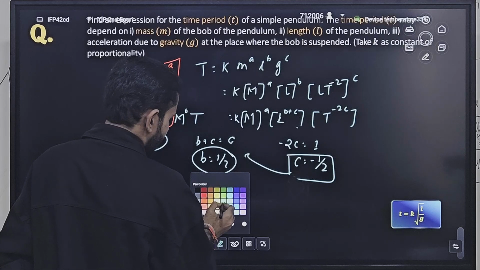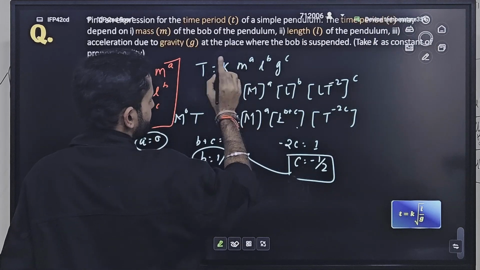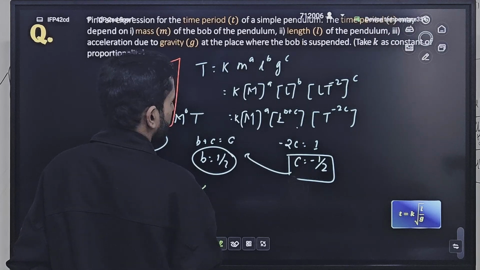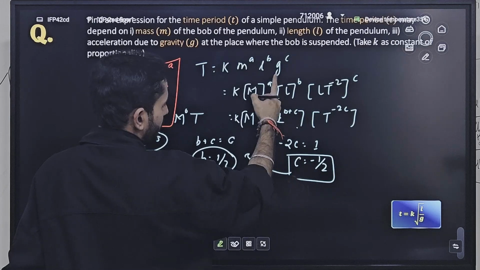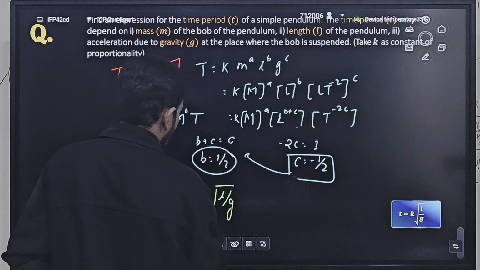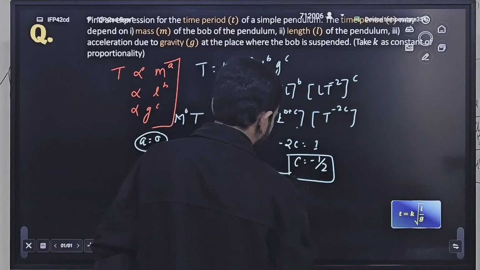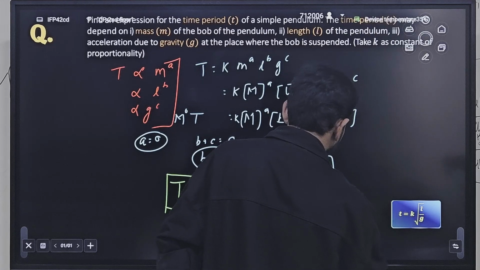Now if it is this case, what can you write about the final result? a is equal to 0, that means this term will also be equal to 1, and that means time period can be written as some constant k, we don't know about that, L power 1/2, and g power minus 1/2, that means root under L by g. And I hope my students know the value of this constant k. This T is equal to 2 pi root under L by g.